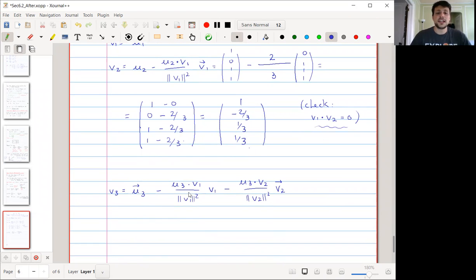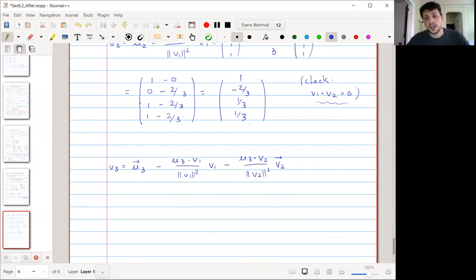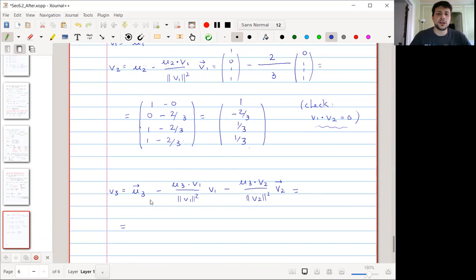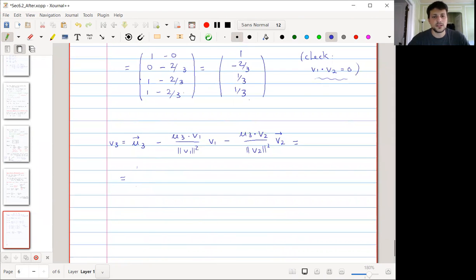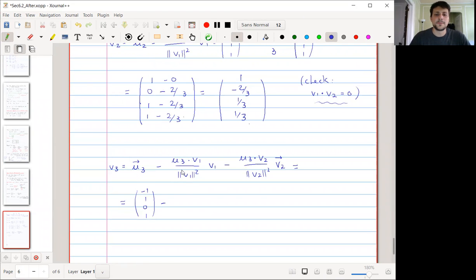Let's move on and do the third vector, V3. So we wrote down the formula correctly. Now let's put numbers to it. U3 is -1, 1, 0, 1. Then I have the dot product of U3 times V1.